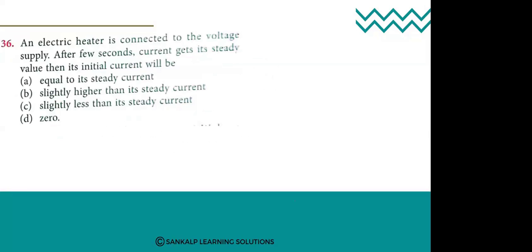After a few seconds, what happens? The current gets its steady value. So when it gets the steady value, what happens to the initial value? Equal to its steady current, slightly higher than its steady current, slightly less than its steady current, or the initial value will be 0.